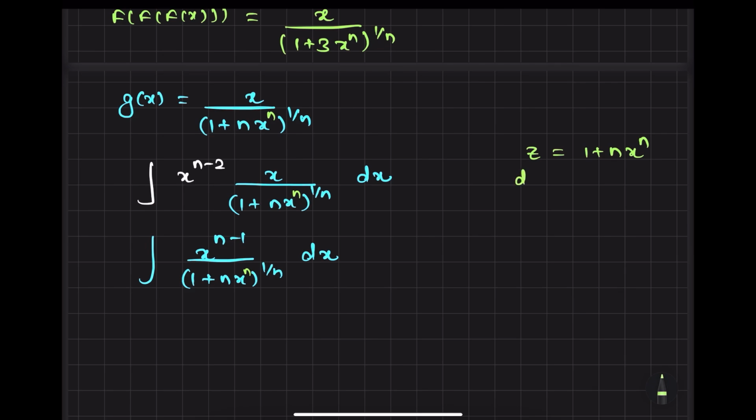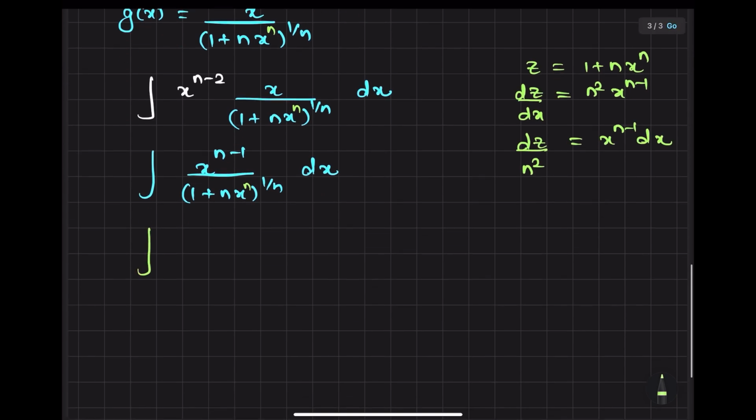Now do the differentiation both sides, dz by dx. It is n square x to the power n minus 1. Now look at this. This is n minus 1. This is dx. And you have that thing. So can I write dz by n square is equal to x to the power n minus 1 dx.